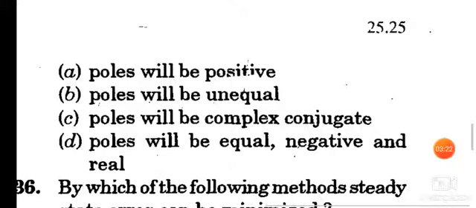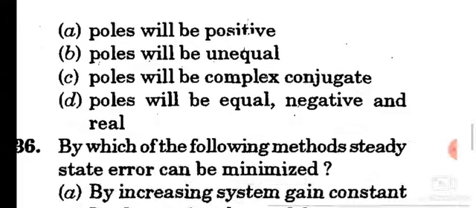Question number 235. In case of a second order differential equation, when the damping ratio is 1, option D, poles will be equal, negative and real.